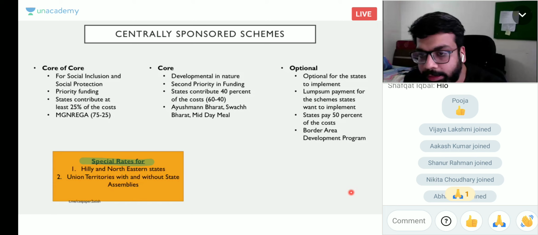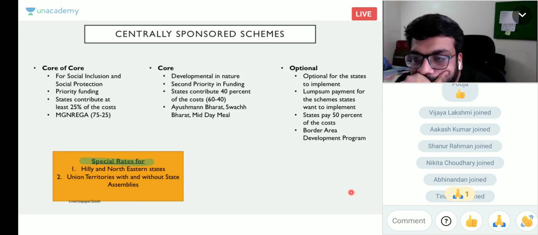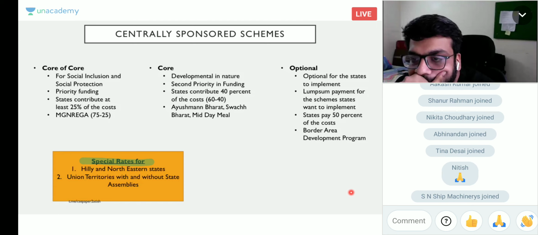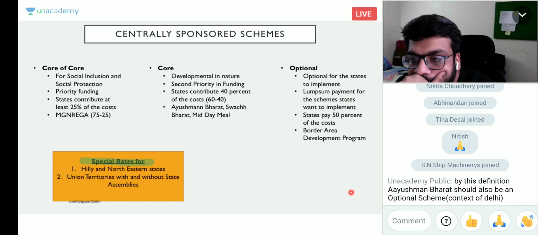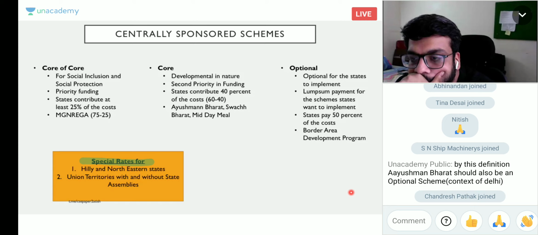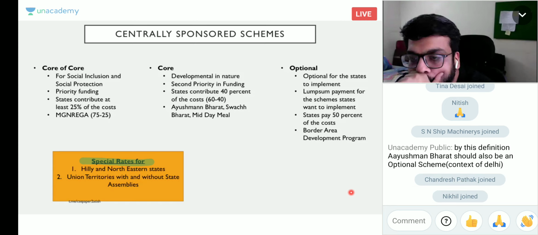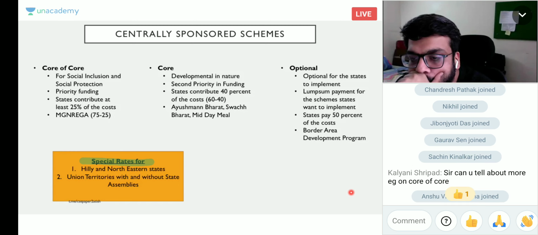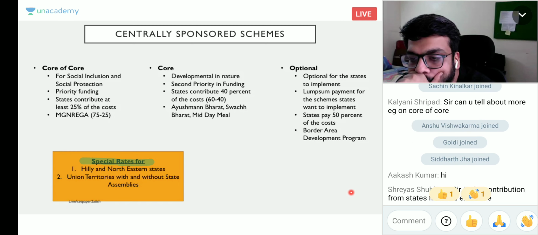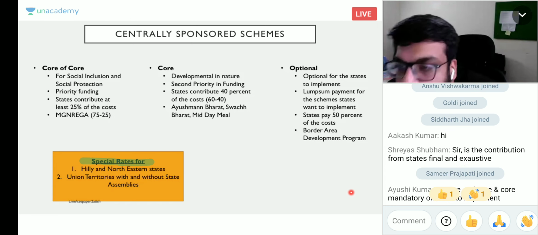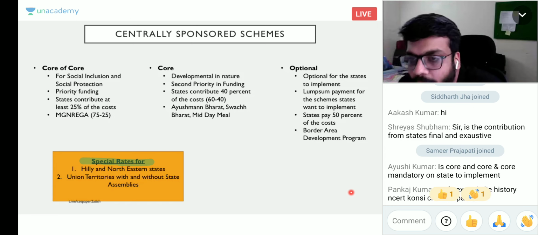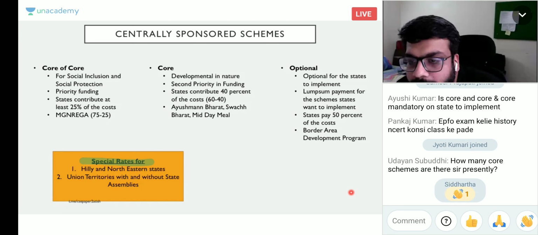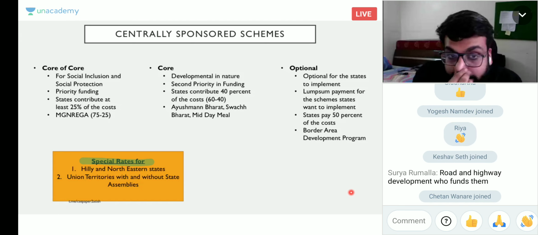I'll just look at if there are any specific doubts that I need to answer. Yes. So examples of core of core schemes would be, for example, the Prime Minister's Mudra Yojana.